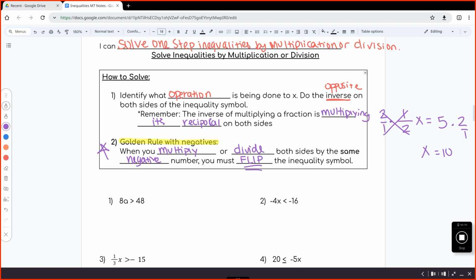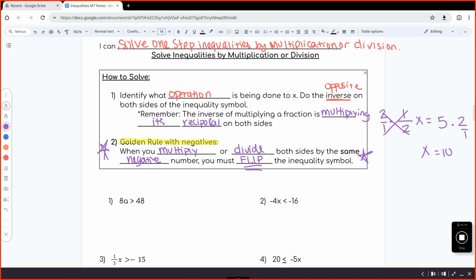This is so important, and it is new. So at the step where you multiply or divide both sides by the same negative number, make sure you flip the inequality symbol. Let's go through some examples so you can see that.